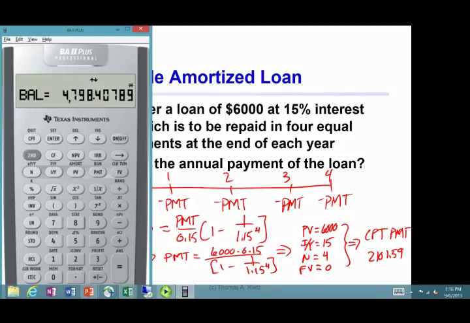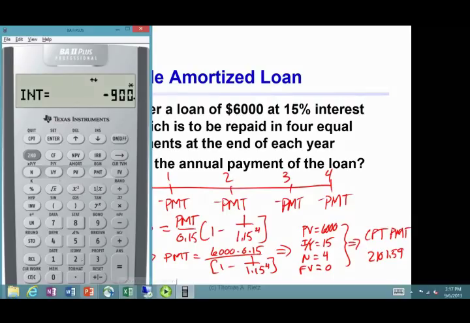The balance of the loan after the first year is going to be $4798.41. The principal payment is $1201.59. You'll notice that's just $6,000 minus the balance, or to be perfectly correct, the balance is $6,000 minus the principal payment. The interest payment in the first year is $900. That is 15% of $6,000.